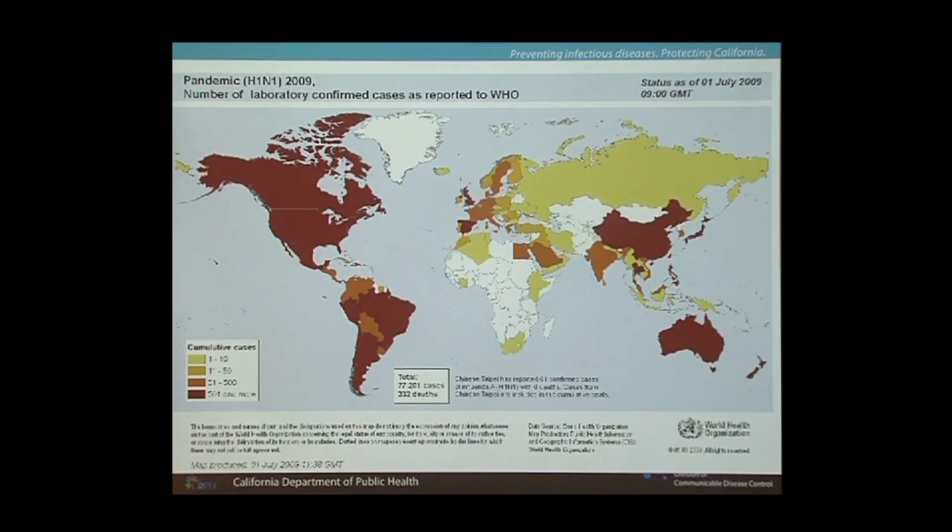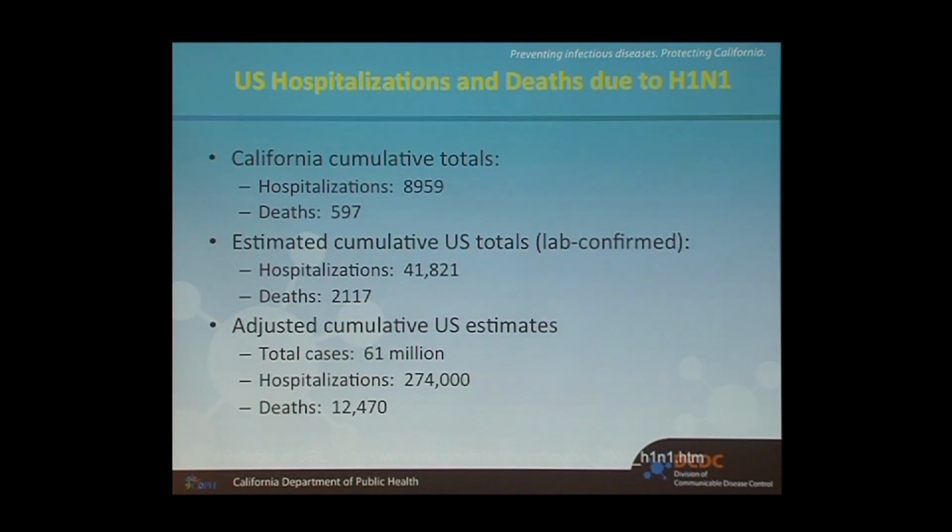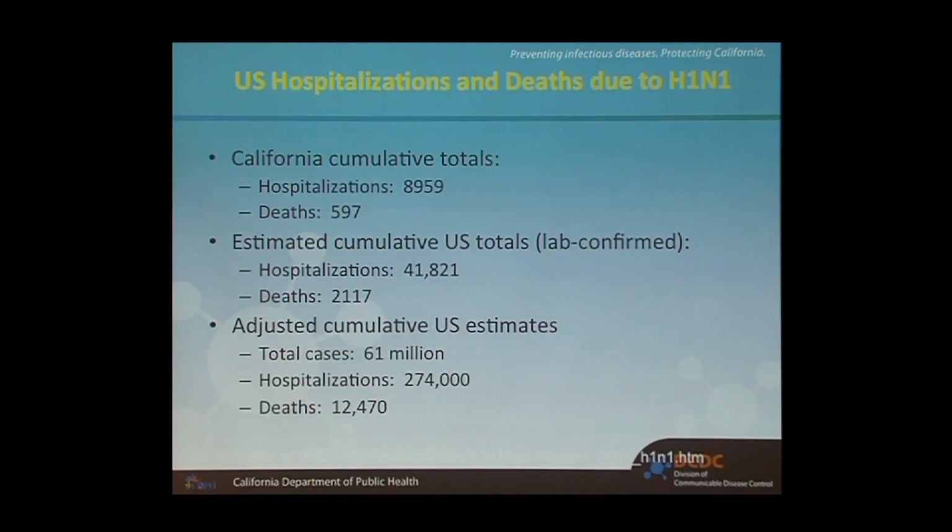So in California, we began to monitor disease, and at some point during the pandemic, we actually ran out of lab tests. We ran out of swabs to take specimens. We ran out of testing reagents, and so these numbers are a gross underestimate, right? We only tested the most severely ill.